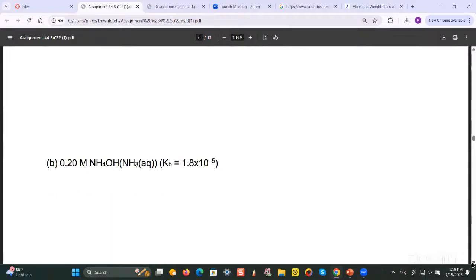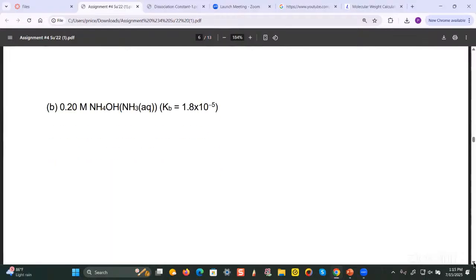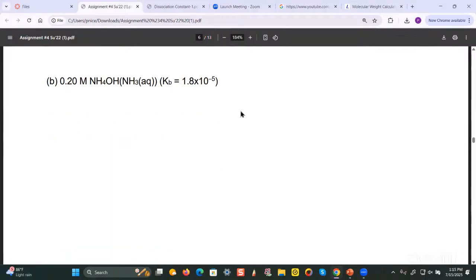Okay, now in this case, they're asking for you to do the same thing for 0.20 M ammonium hydroxide or aqueous ammonia. Same thing, right? So let me start off by writing down the equation for the dissociation of ammonium hydroxide. There are a couple of ways you can express this. Doesn't matter which way. I'm going to write it this way.